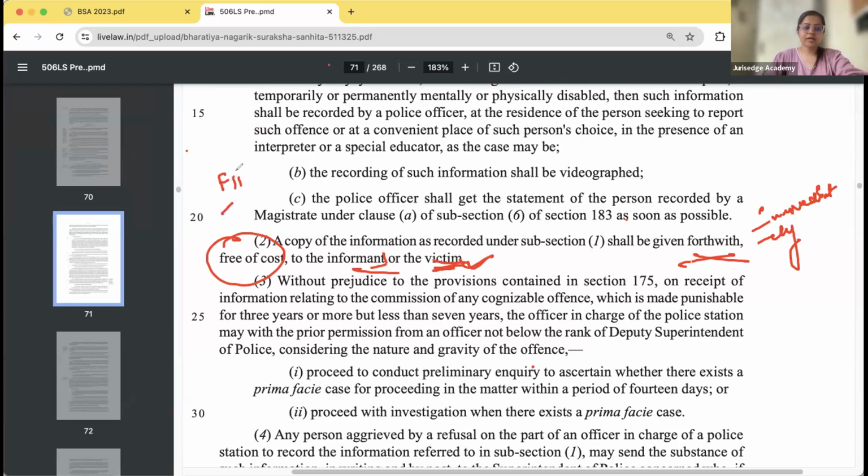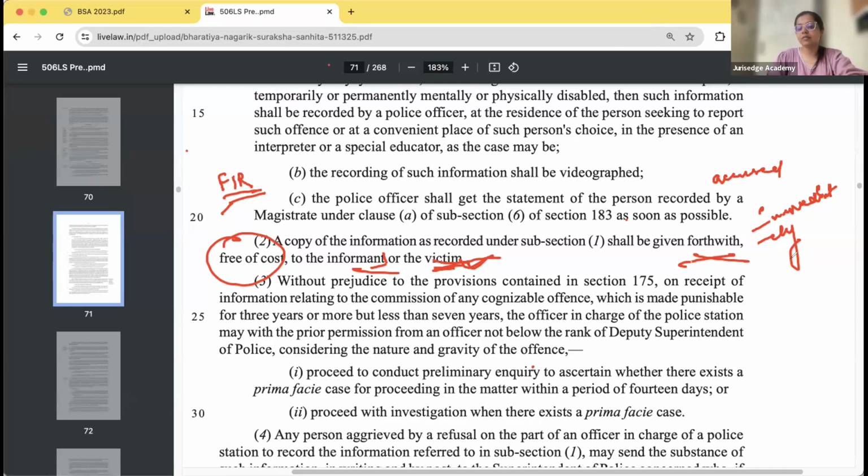The FIR will be given to them. As I told you, the law is silent on whether the accused should be given the FIR or not. It is through case laws that the accused is also provided with the FIR, but the law is again silent on it. The victim is provided with the FIR, and the informant is provided with the FIR.